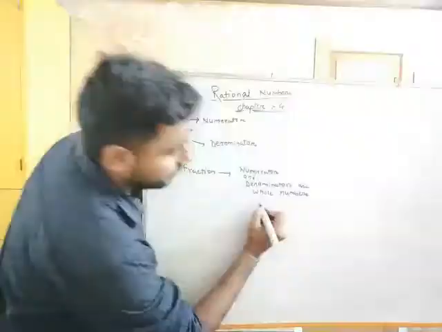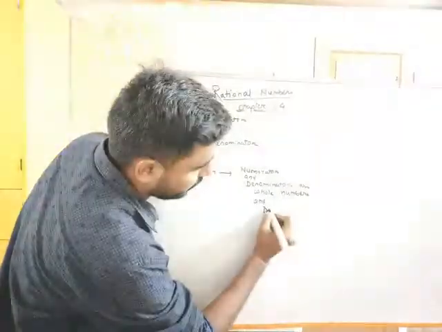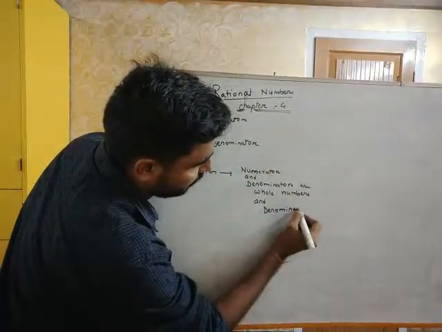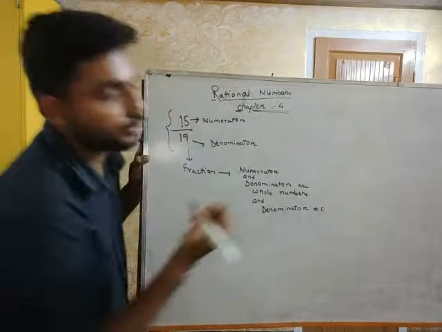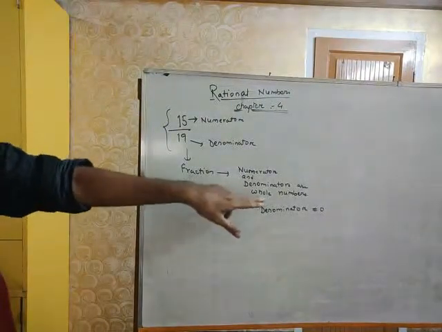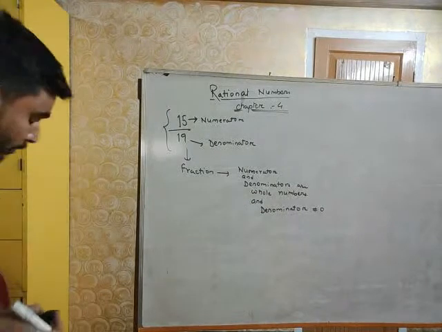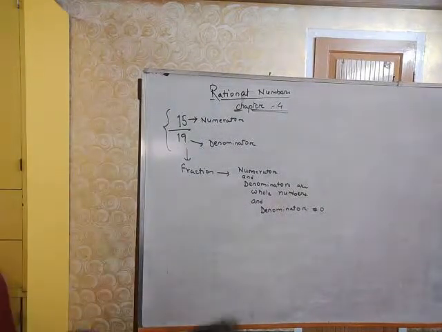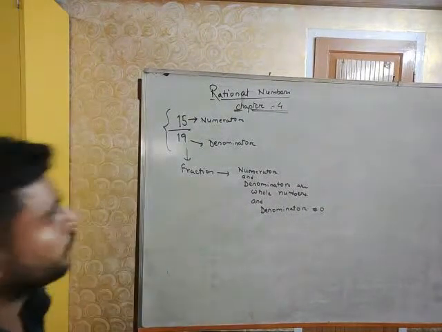And what is the condition? The denominator should not be equal to 0. So for a fraction, numerator and denominator are whole numbers and the denominator should not be equal to 0. The same thing can be said for a rational number.